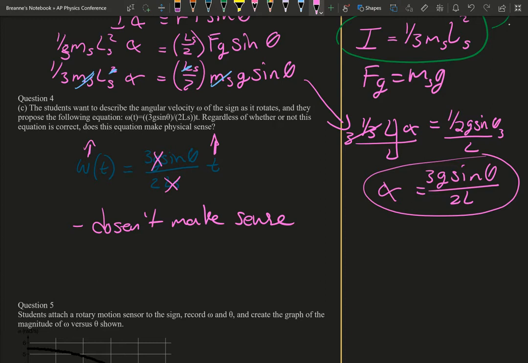Yes, theta does make it go down, but not enough compared to this time. So it doesn't make sense because your omega is shown only to increase, which in fact it does both.